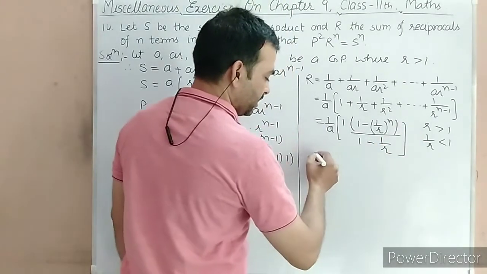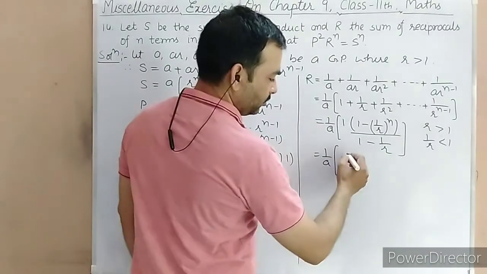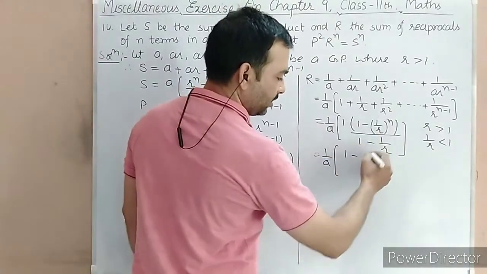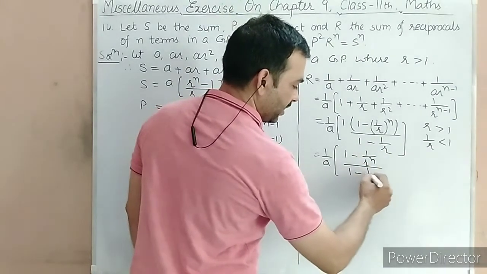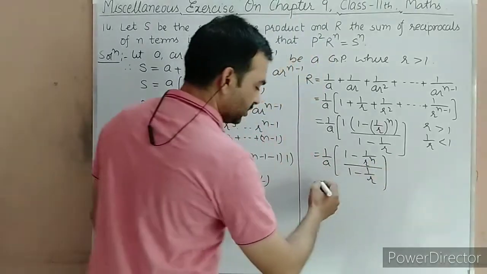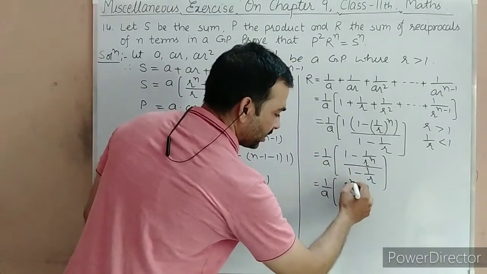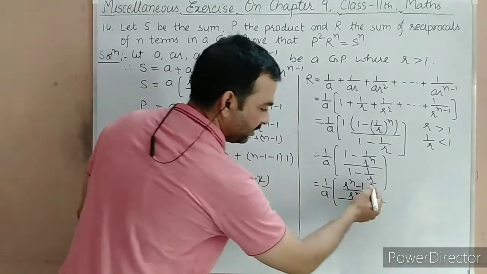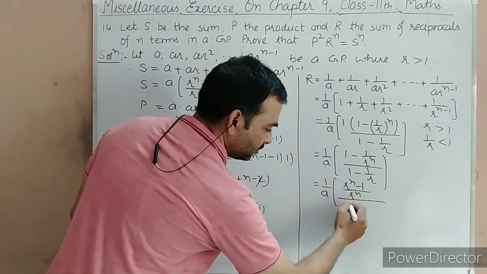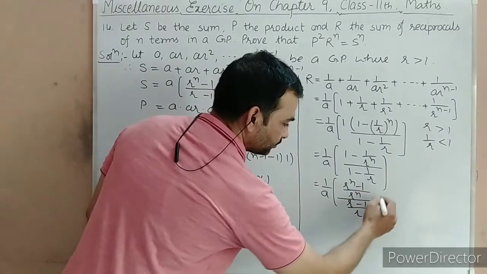It is again equal to 1 by a. So here you can see that 1 minus (1 by r) power n divided by 1 minus 1 by r. Again we can solve: 1 by a, (r power n minus 1) divided by r power n, whole divided by, here the LCM is r, so (r minus 1) divided by r, right?